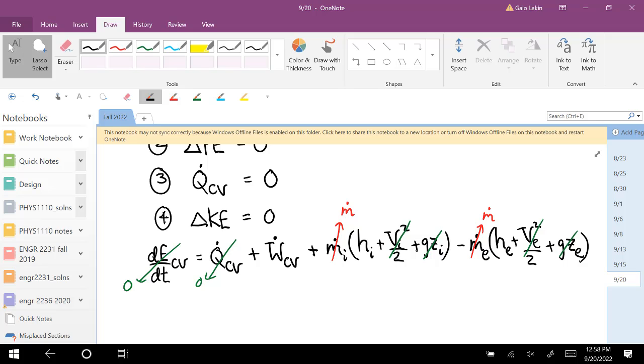And so we come up with a form that says W dot for the control volume is equal to m dot times the quantity h_i minus h_e.